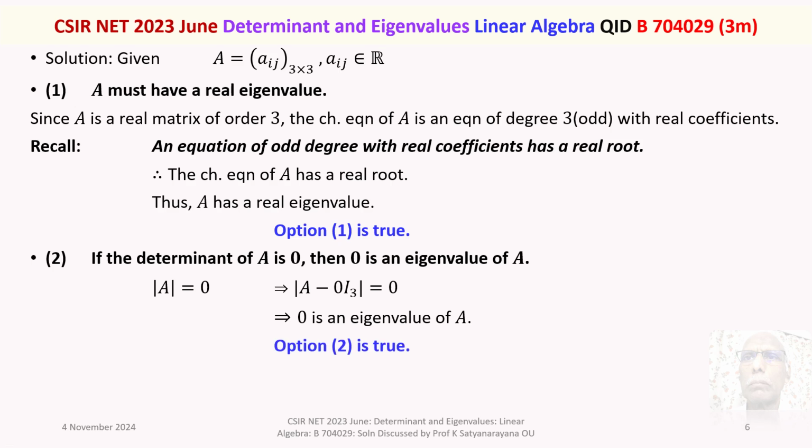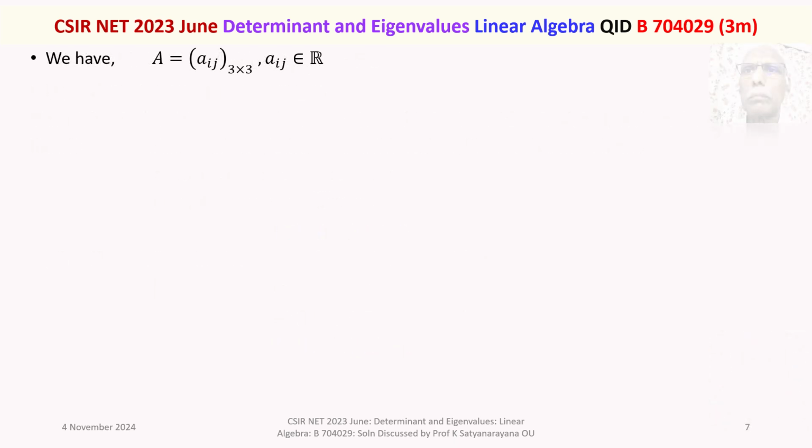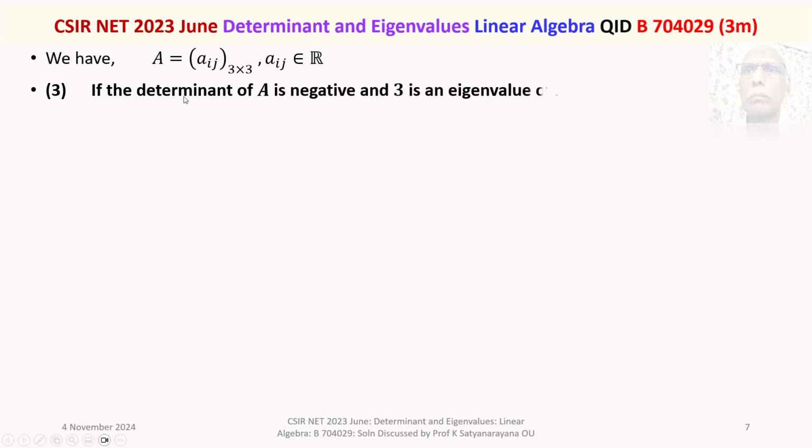Right. We move on to the next option in the next slide, that is option 3. This time, if the determinant of A is negative and 3 is an eigenvalue of A, one of the eigenvalues is 3, then A must have 3 real eigenvalues.